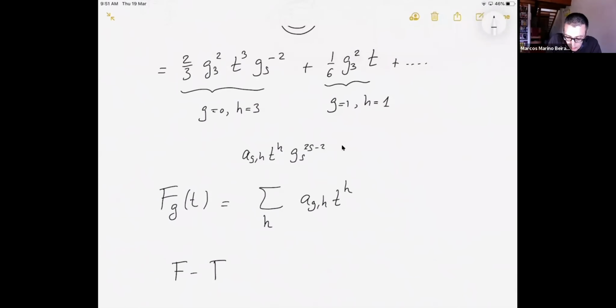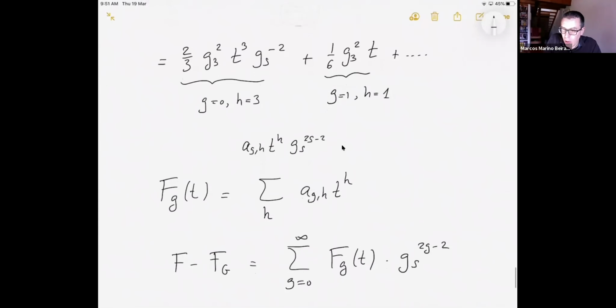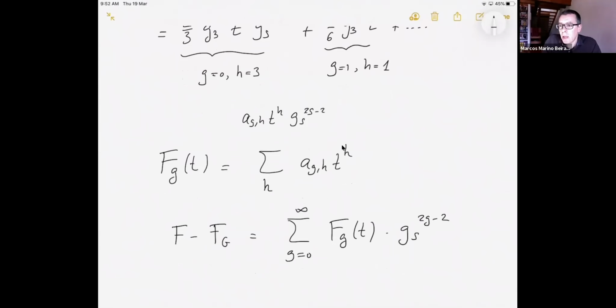F then can be written as a sum when g goes from 0 to infinity of F_g(t) times g_s to the 2g minus 2. Okay. And this is the reorganization of the expansion suggested by this 1 over N counting or large N counting.